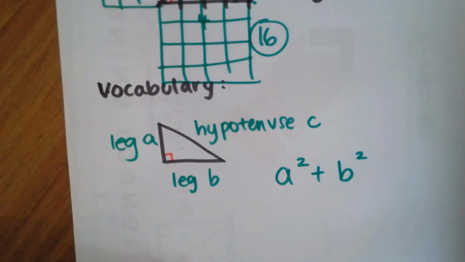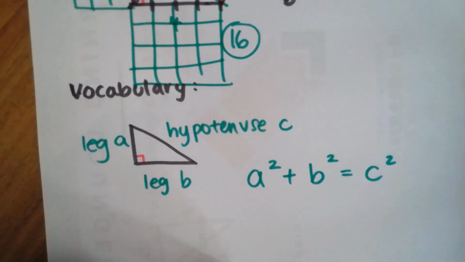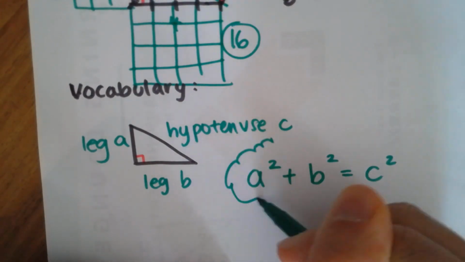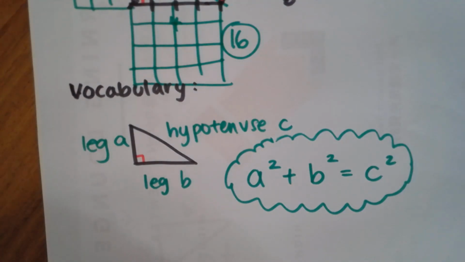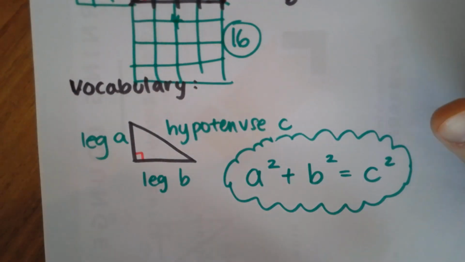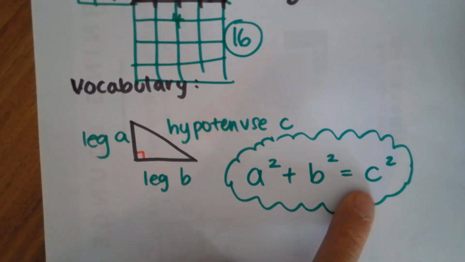So if you add them together, that's going to give you this hypotenuse length, C squared. So this right here is the Pythagorean theorem: A squared plus B squared is equal to C squared. You're going to see this everywhere in textbooks and in your math class next year and in high school. A squared plus B squared equals C squared.